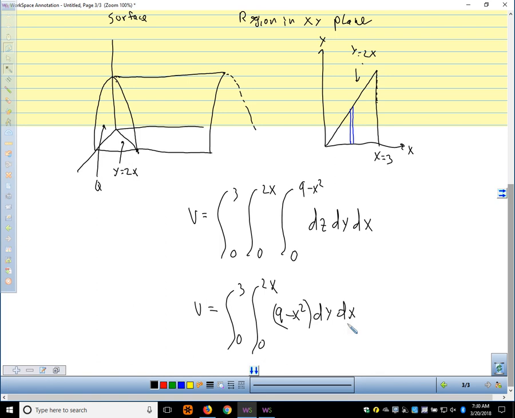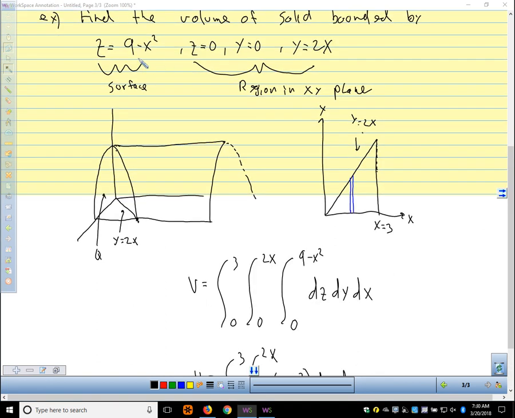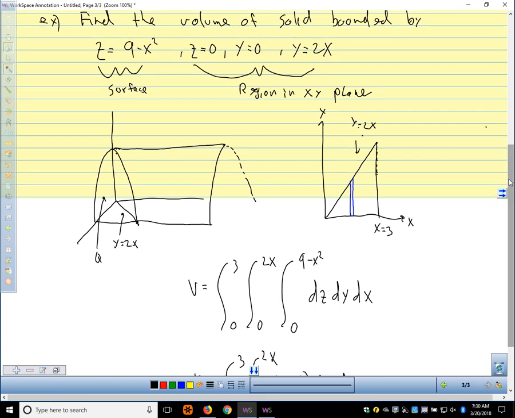Isn't that what we would have gotten if we found the volume below the surface z equals 9 minus x squared, bounded by this region in the xy plane? Yeah. So this is exactly like what we did with double integrals. After we evaluate the first integral, we get something that is familiar.